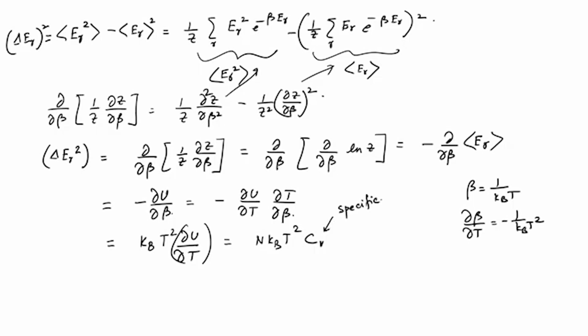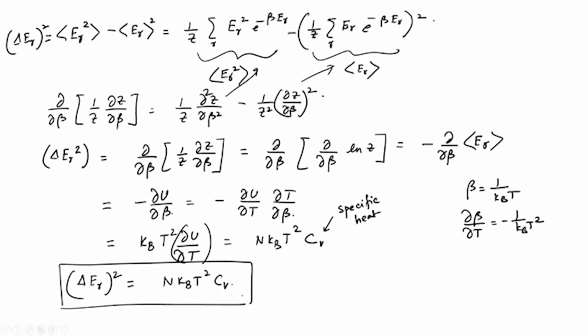Even if it is not at constant volume, we can still write it simply as C. Just for concreteness, I will write it as C_V, and so this is equal to N kT square C_V, because del U del T gives you N C_V. So, this quantity delta E_R square is proportional to T square, and the scale is set by the specific heat.